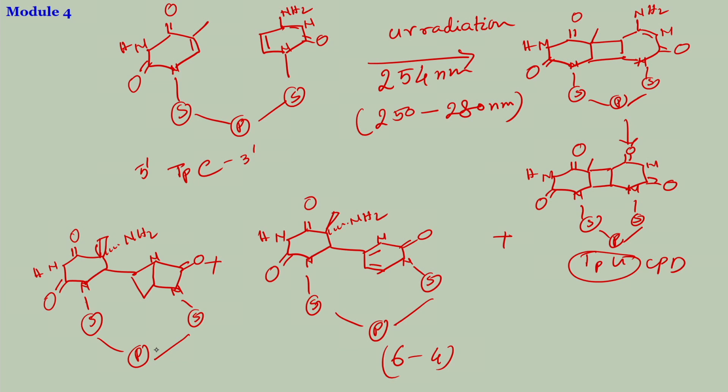Phosphate and double bond here. This is the dimer. So, these are the photo lesions or the photo products that you can expect if you irradiate a thymine-cytosine dinucleotide.